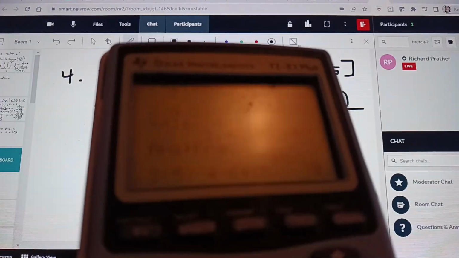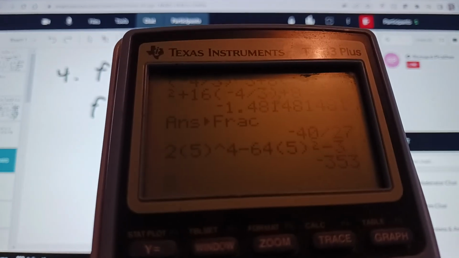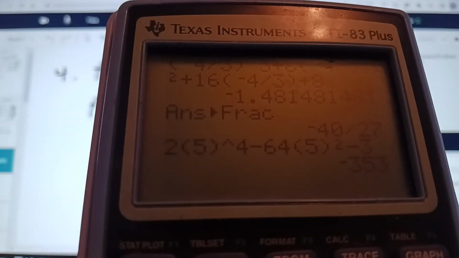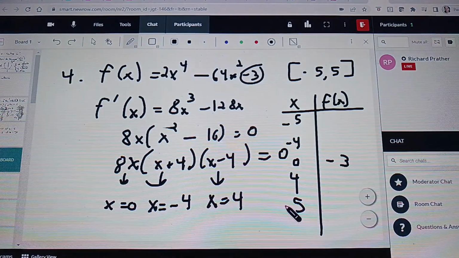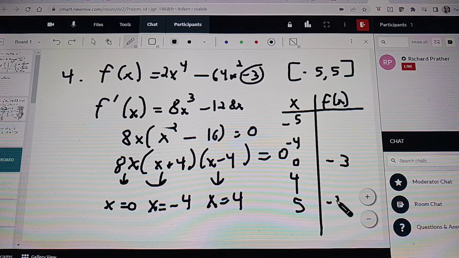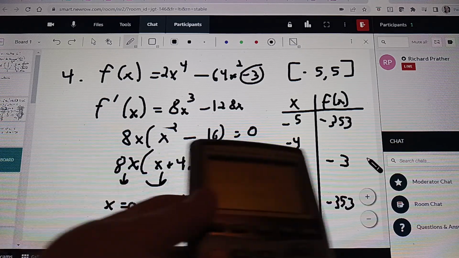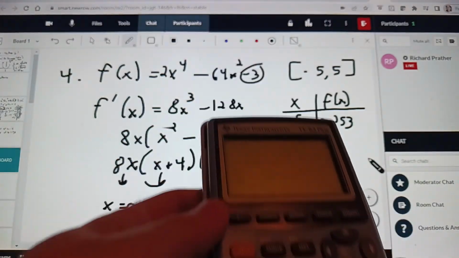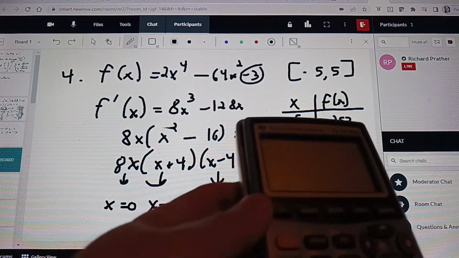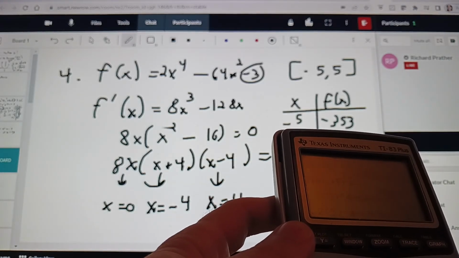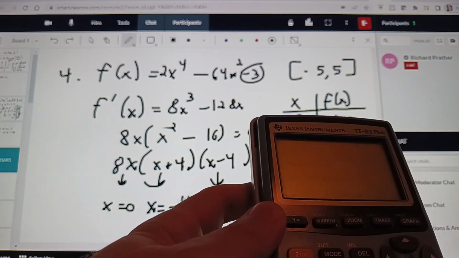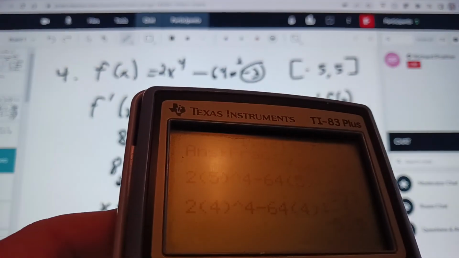When I plug 5 in, I'm getting an answer of -353. That means the other one is the same thing because plugging -5 in, the even exponents are going to create the same answers. Then I can press second enter and just change the 5s to 4s. And this will be the answer for both 4 and -4. This is -515.